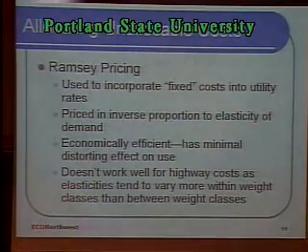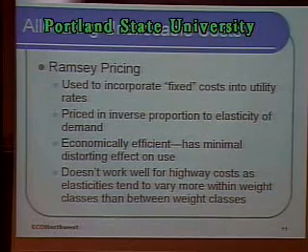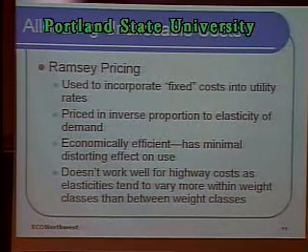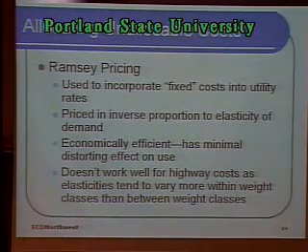There's a different approach that's available for allocating unallocable costs that economists like. It's been used for at least 30 years to incorporate the fixed costs into utility pricing. It's called Ramsey pricing, and the way it works is that your share of the unallocable costs is in inverse proportion to your elasticity of demand.